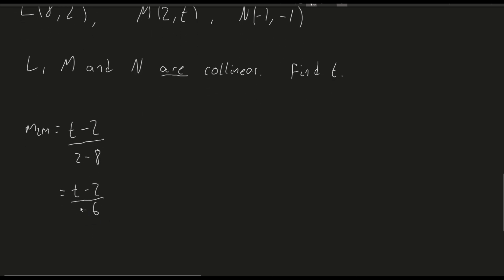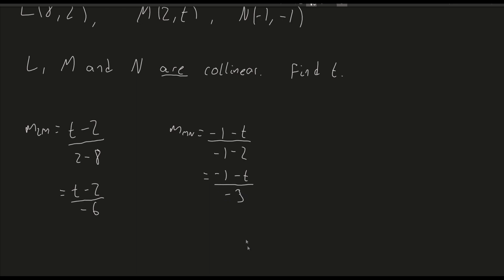And I suppose I could move that minus up and make this 2 minus t, but I guess it doesn't really matter too much. So I'll just leave it like that. And then I have the other one, which is MN, which will be minus 1 minus t over minus 1 minus 2, which will then simplify to minus 1 minus t over minus 3.